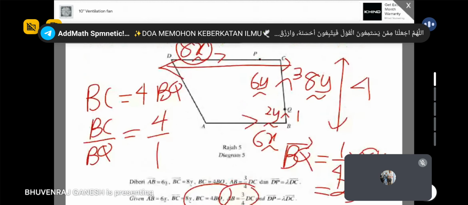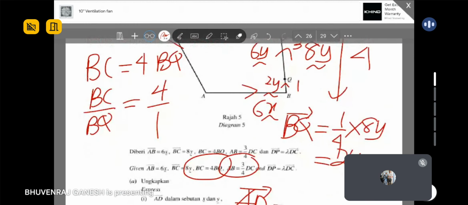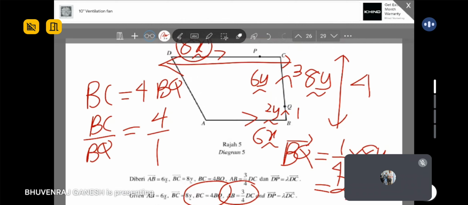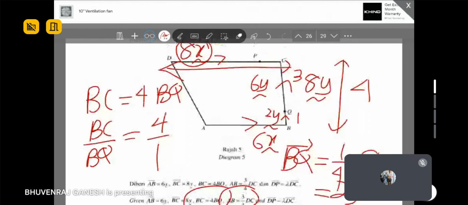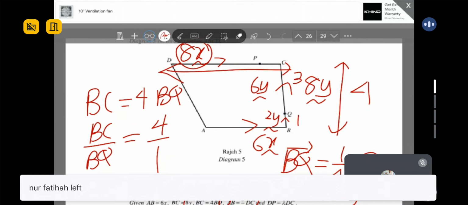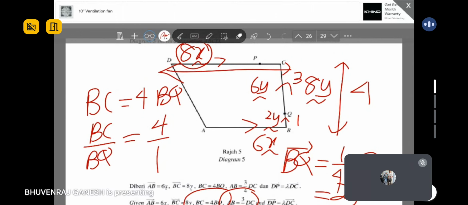AD equal to what? Try to type the vector for me. Apa kombinasi dia? If you can give final answer also can. So anyone? What is the answer? Apa jawapan dia? AD. Come on guys. It's easy only. Senang saja, cepat, faster.